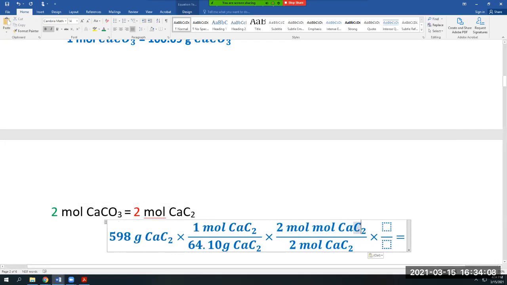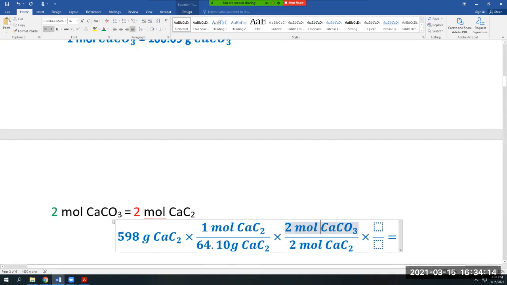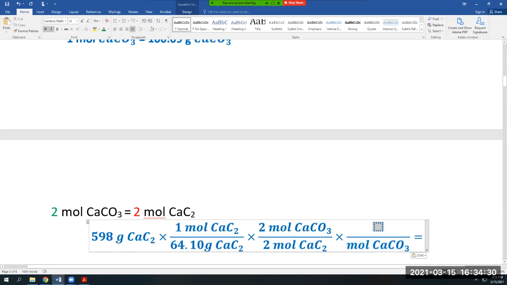So let me change that to calcium carbonate here. 2 moles of calcium carbonate are making 2 moles of calcium carbide. Moles of calcium carbide cancel. And in the next step, we want to change the moles of calcium carbonate into grams of calcium carbonate.